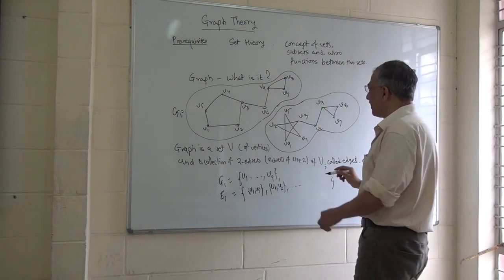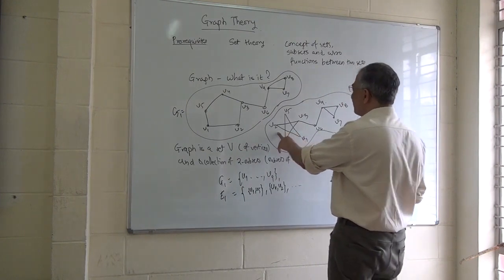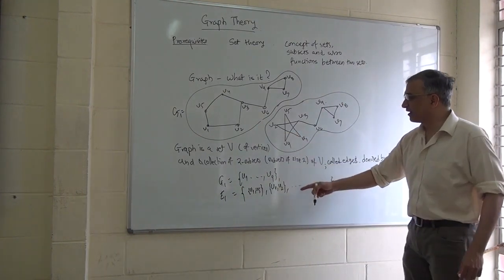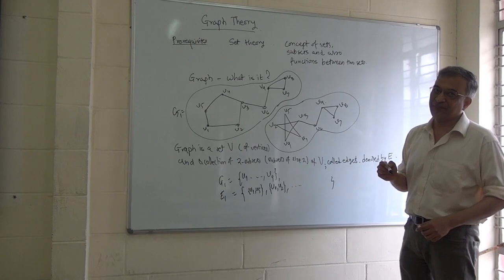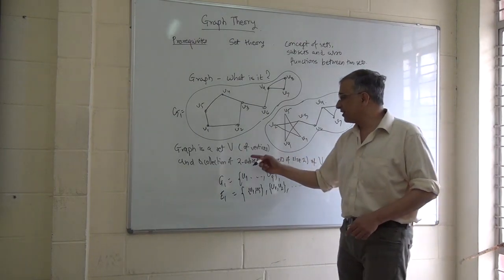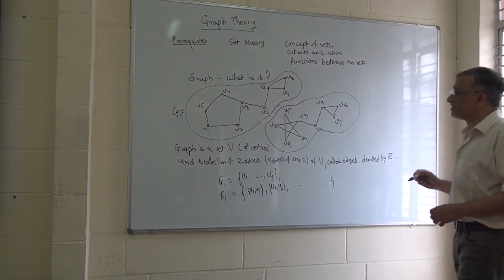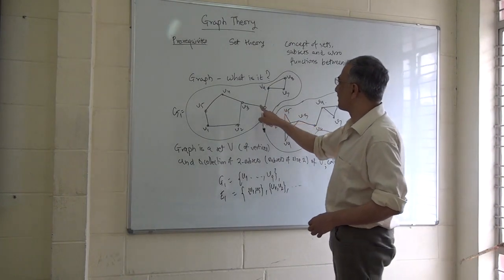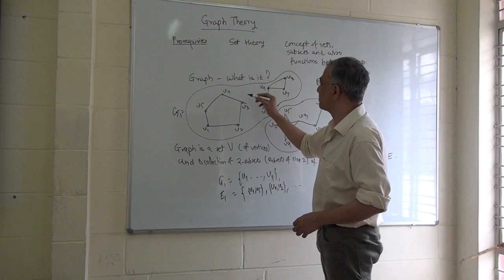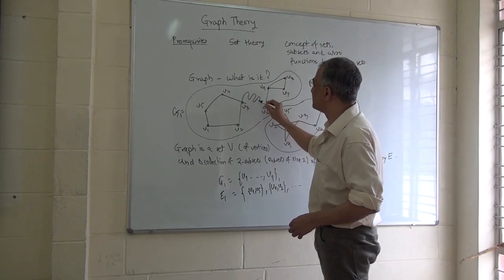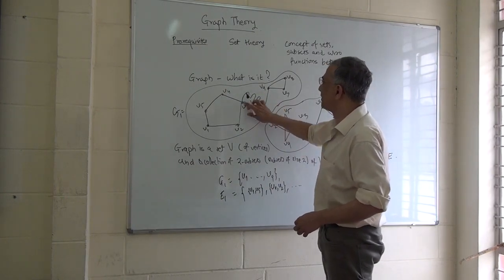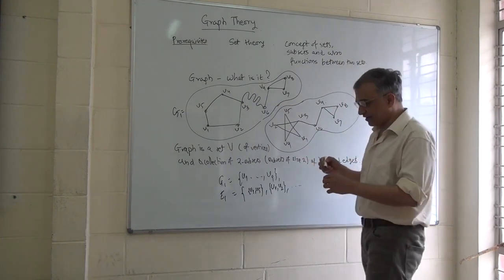Now if you look at this graph G2 and see G1 and E1, it will be the same. So in mathematical terms, this graph is the same as this graph. Similarly, I can increase the length of this edge, or make this edge something like this. It's meaningless, but it looks different.